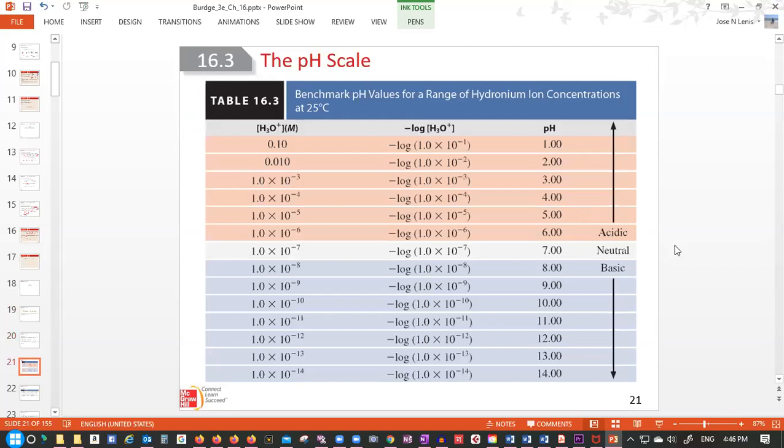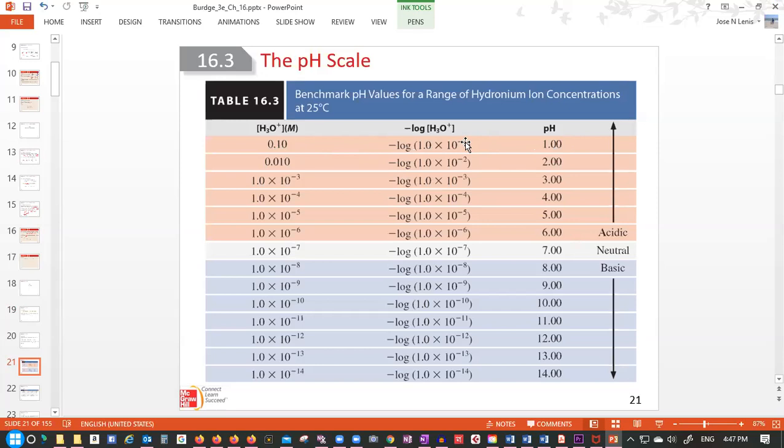This is the scale of pH. Look, the relationship between concentration and the pH. Look at the scale here. This is 10 to the negative 1, which is 0.1 molar, and the pH is 1.